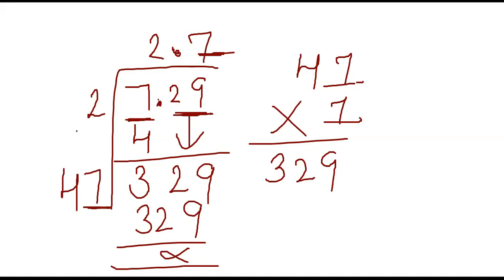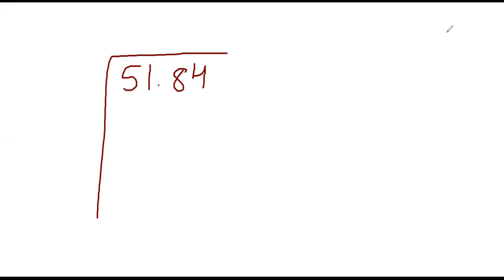Let's do one more, 51.84. Last we are going to do, the rest you will try yourself. So there is a decimal. Before the decimal we make different pairs. After the decimal we make different pairs. After the decimal we start from the front and before the decimal we start from the back. Okay? So here under 51, 7. 7 7s are 49, right?